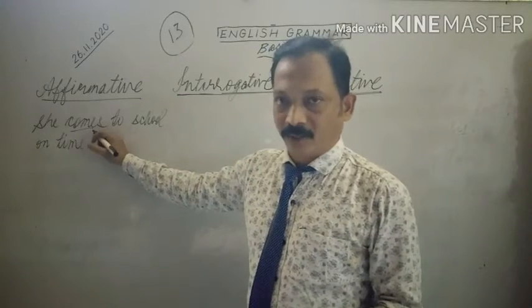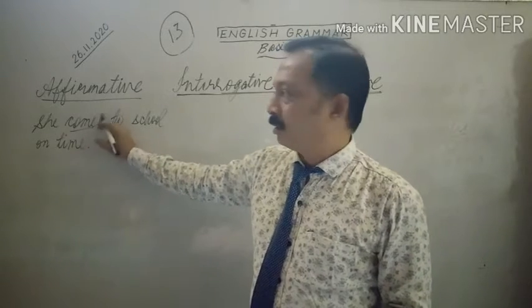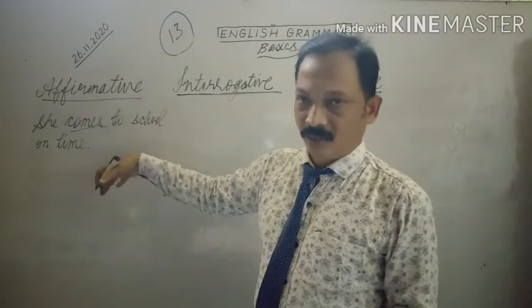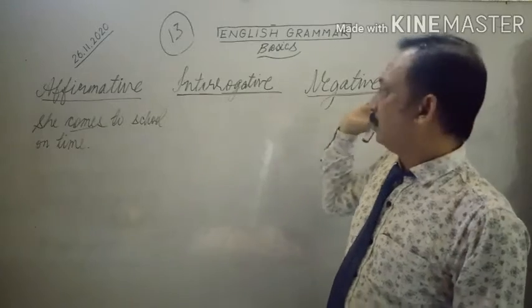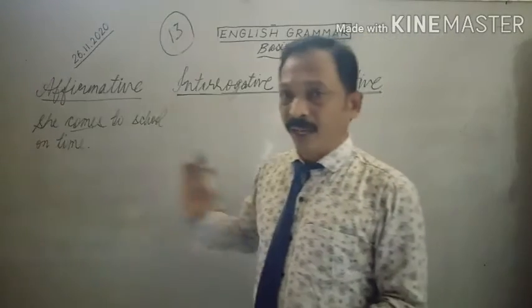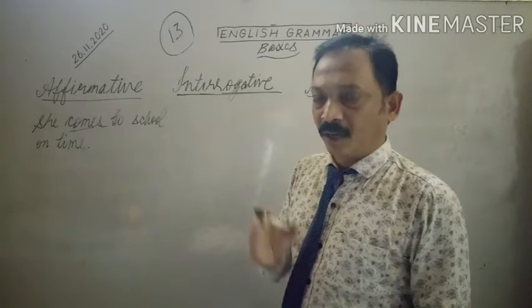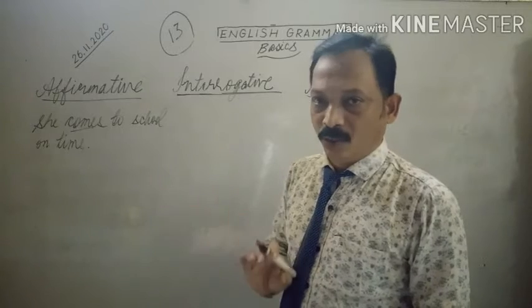Wherever there is an s or es in the verb, the helping verb does is hidden in it. So for making interrogative and negative sentences, you have to break up the main verb and take out the helping verb, and the remaining steps are usual.